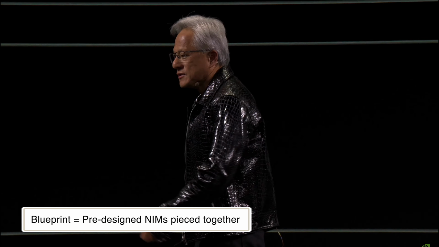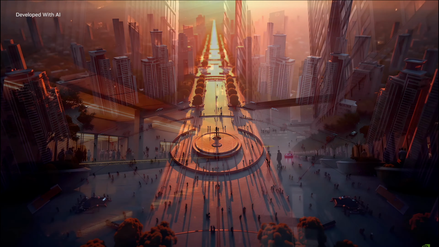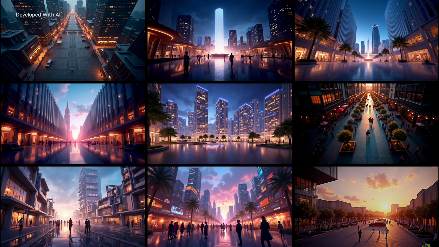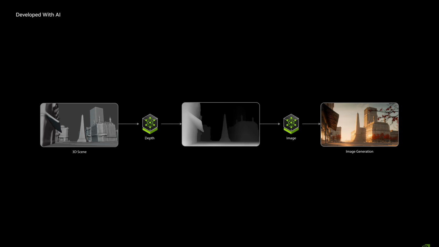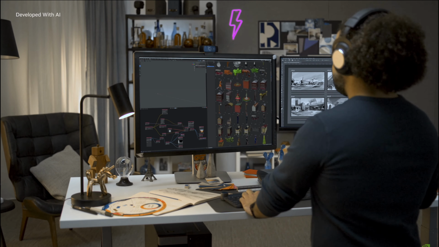Let me show you something that we can do with that. This is one of the examples of a blueprint we just made for you. Generative AI synthesizes amazing images from simple text prompts. Yet image composition can be challenging to control using only words. With NVIDIA NIM microservices, creators can use simple 3D objects to guide AI image generation. Let's see how a concept artist can use this technology to develop the look of a scene.